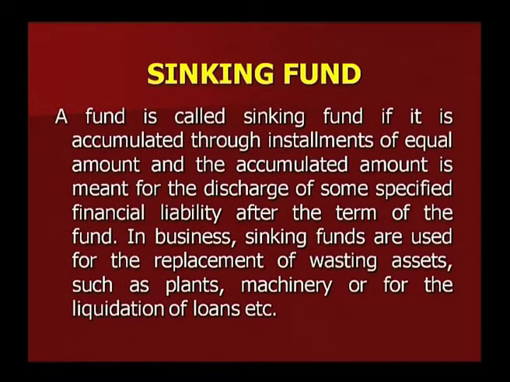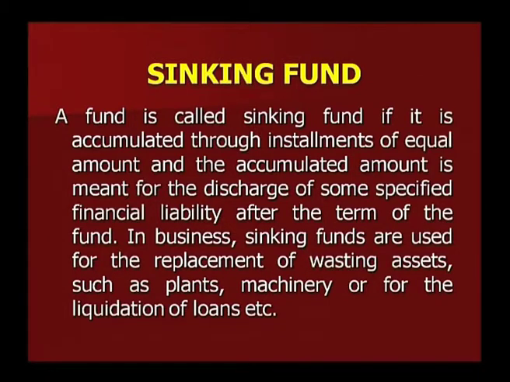A fund is called sinking fund if it is accumulated through installments of equal amount and the accumulated amount is meant for the discharge of some specified financial liability after the term of the fund.